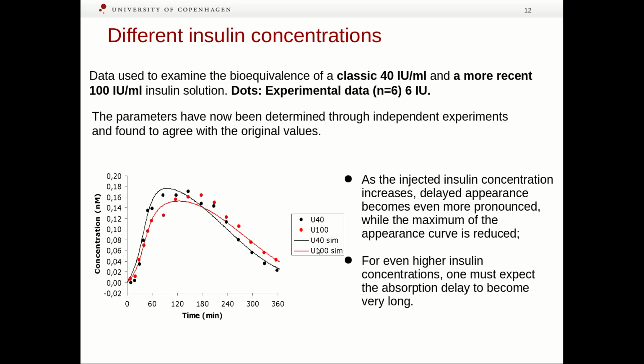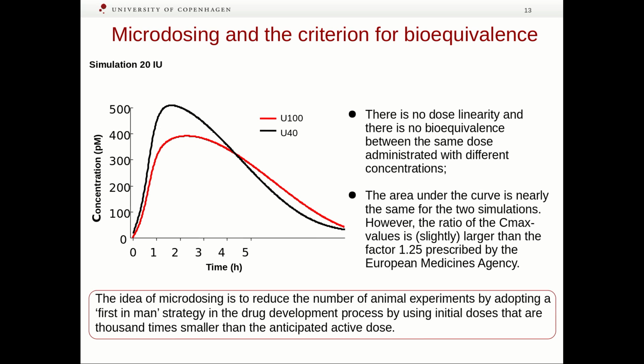This is for the 40 international units per milliliter, and the red curve is for the 100 international units per milliliter. For even higher concentrations of insulin, one must expect that the absorption delay becomes even longer.